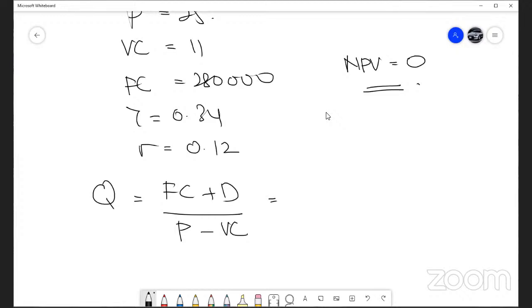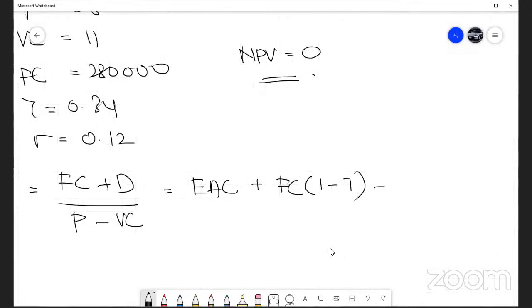So this will end up becoming: Q equals EAC, equivalent annual cost, plus fixed cost, times 1 minus tax, minus depreciation times tax.